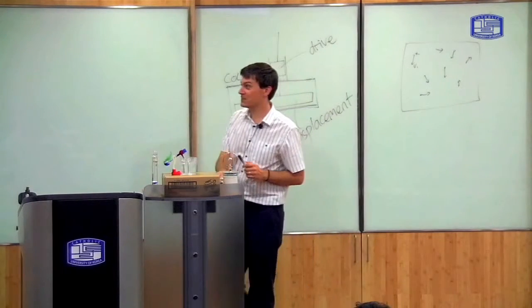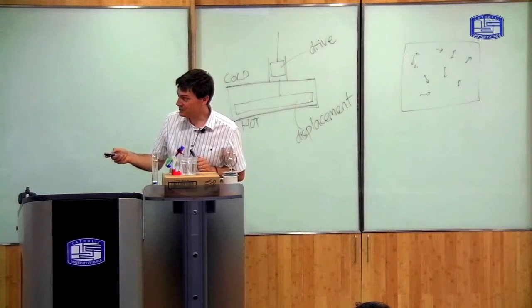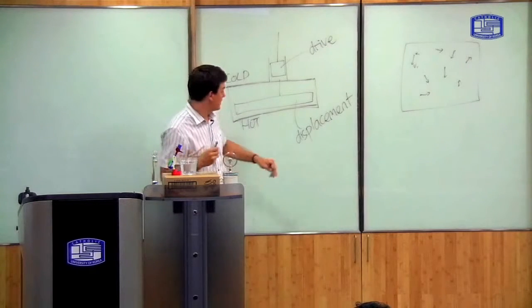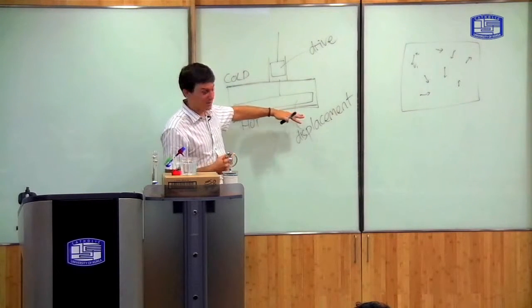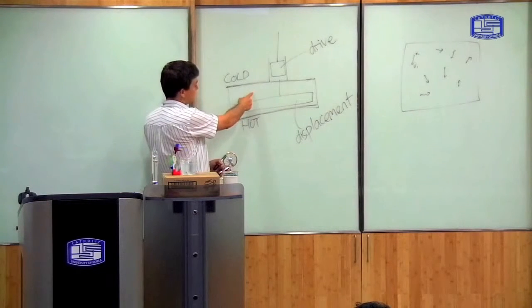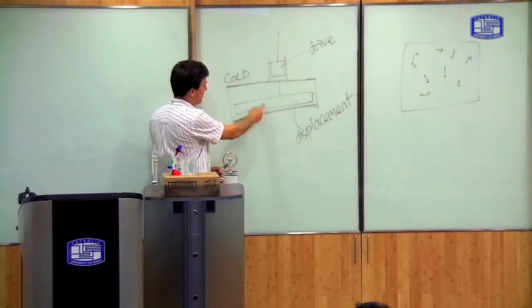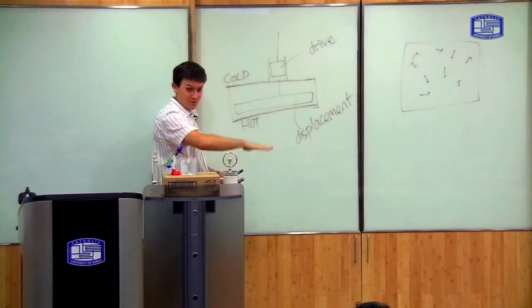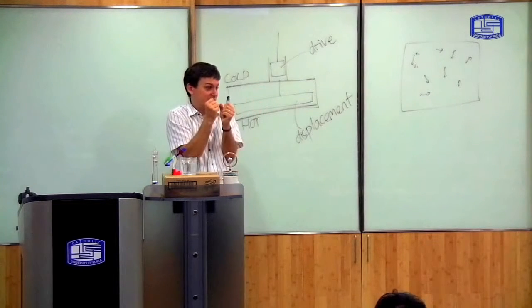So in the first picture on the presentation, I've tried to capture it here. The displacement piston is right at the bottom. Okay, it's right at the bottom. That is blocking the hot part of the system. Right? That means that the gas inside here will become colder, because it can't touch the top hot part, it can only touch the cold part. So the gas becomes cold. As the gas becomes cold, it tries to contract.